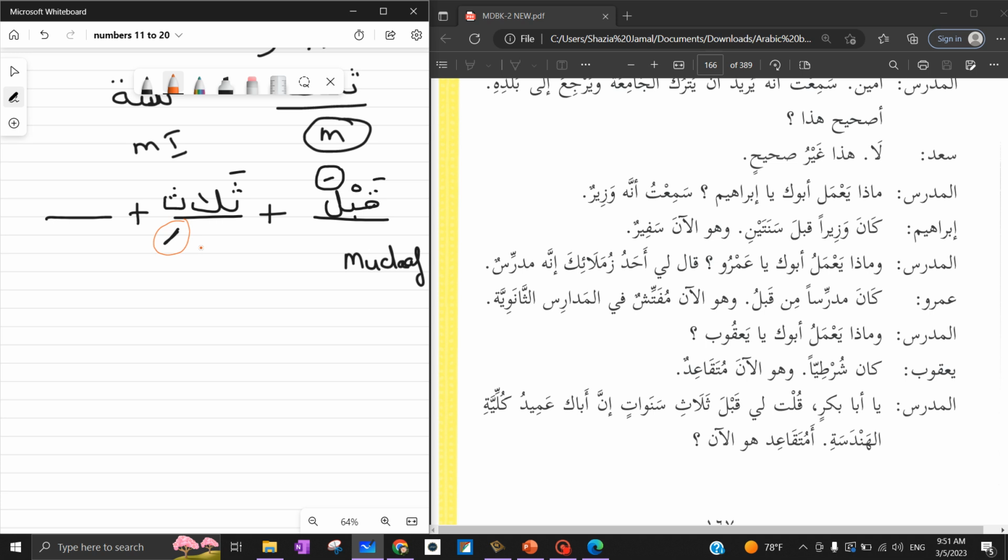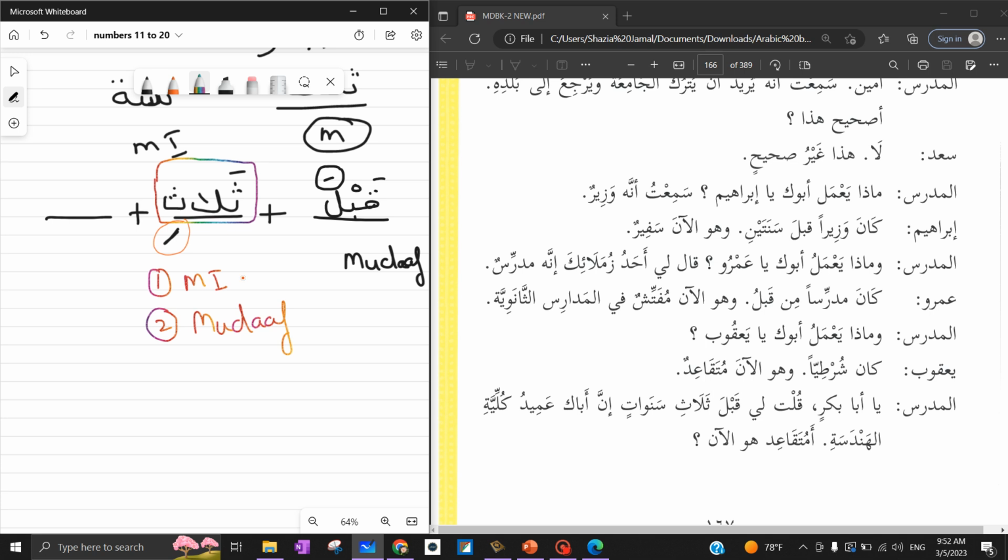Mudaf. Now this one, particularly the middle noun, has a double role to play. The first role is as a mudaf ilayhi. I'm writing it in short. The second role is that it is still a mudaf. I will explain. So it is playing a double role.